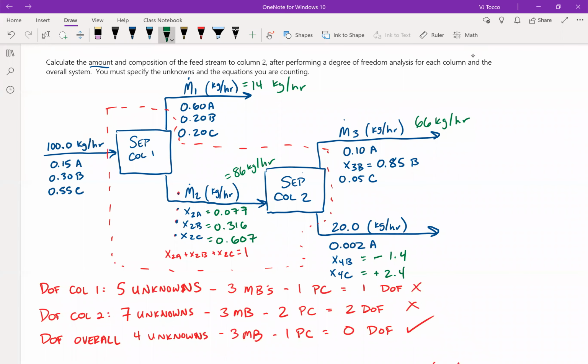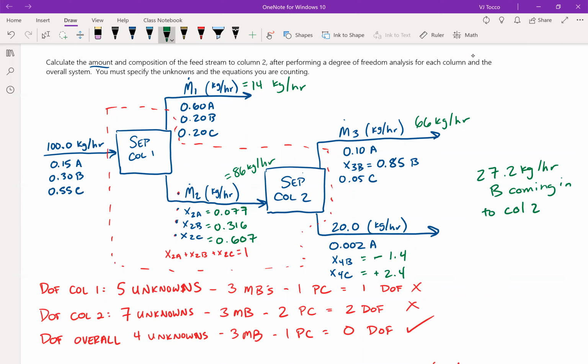All right, so in green here, I've written in what the unknown variables are if you were to solve it mathematically. And the point I wanted to make is, why did something go wrong here? If you look at what's coming into separation column 2, I've got 86 kilograms per hour total, and 31.6% of that is component B. So if I multiply those 2 things together, I've got 27.2 kilograms per hour of B coming into column 2.